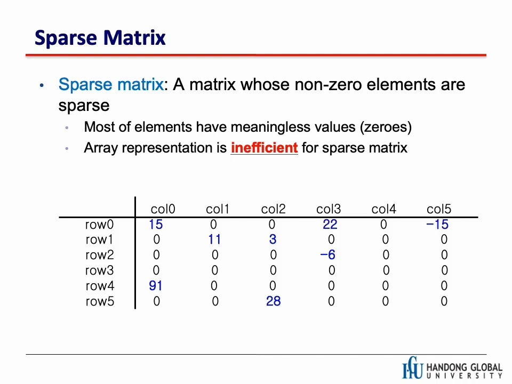Okay, here's the question. Why do we care about sparse matrices? Think about some examples. Usually in video recommendation systems, or think about Amazon. We have lots of items and lots of users.